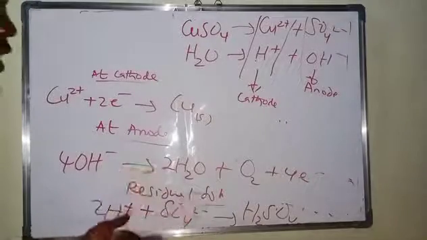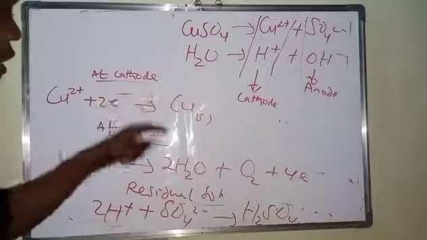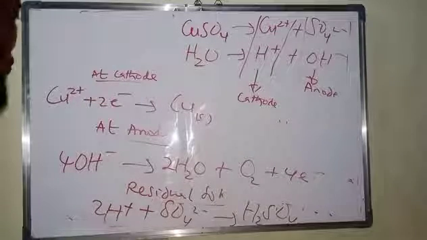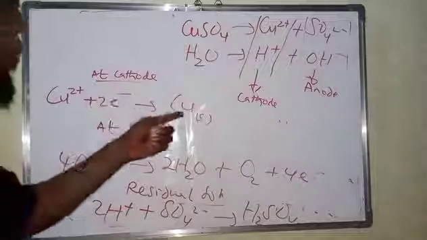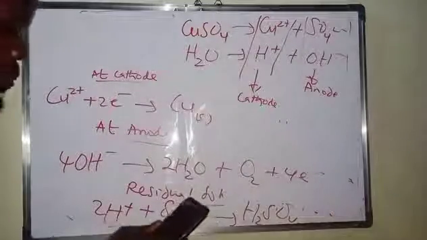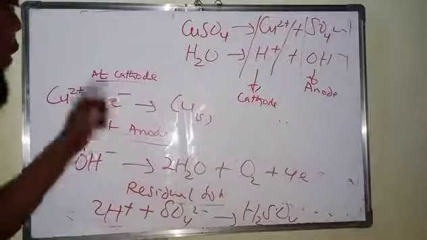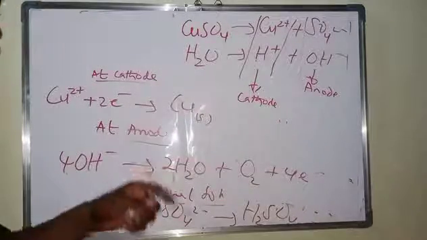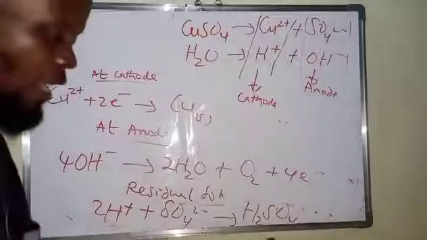But in terms of color changes, the option that I will go for is pale blue, because the deep blue will be disappearing. If the reaction is complete, the answer is clear.